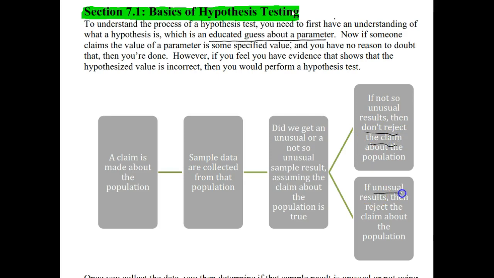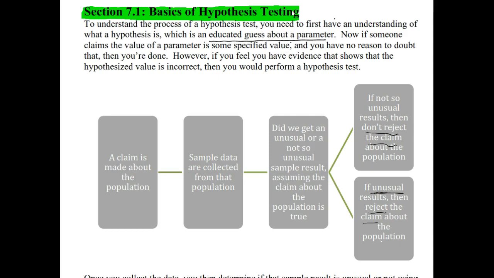But when we saw these unusual results in the last chapter, we started thinking about what that would mean about the parameter. So if unusual results happen, then we reject the claim about the population parameter. We had some homework sets like that, where we saw an unusually high sample mean, and so we concluded that the population mean was higher than claimed. Or if we saw an unusually low sample proportion, that led us to conclude that the actual population proportion was probably lower than what they had claimed.